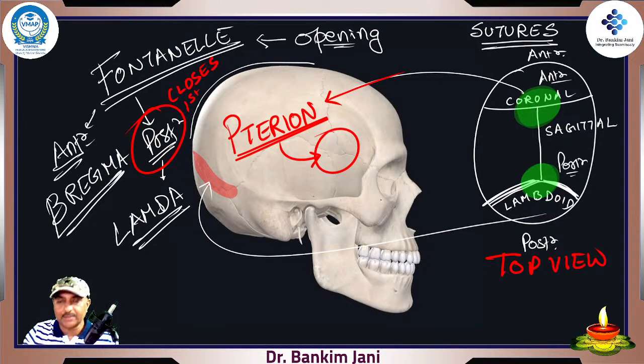Because this is a dangerous thing. Pterion is the weakest part of our entire skull, where these four sutures meet in an H shape. It is called the pterion and not the paterion. This is for the internal bleeding.